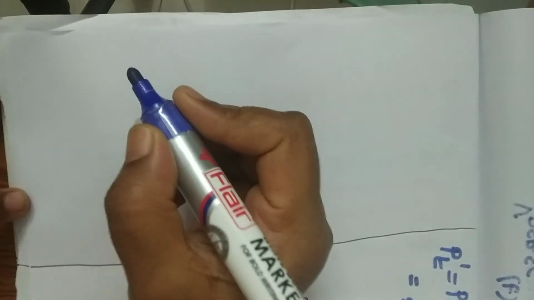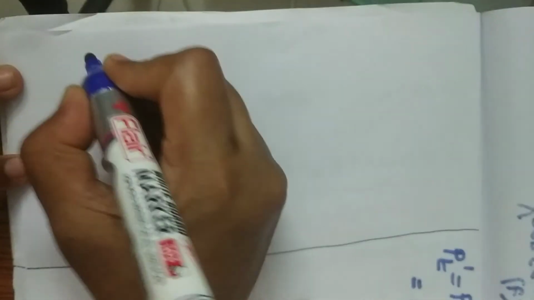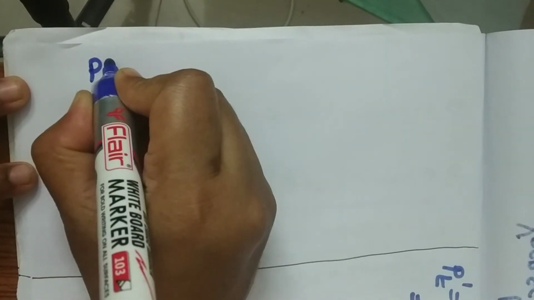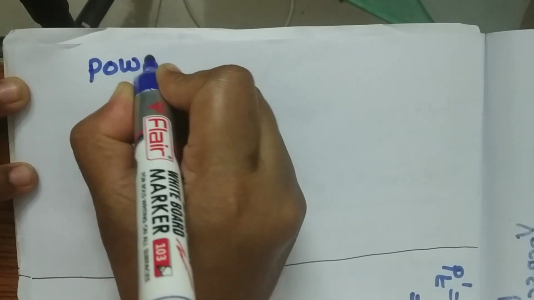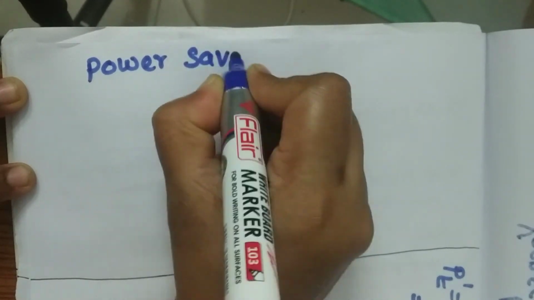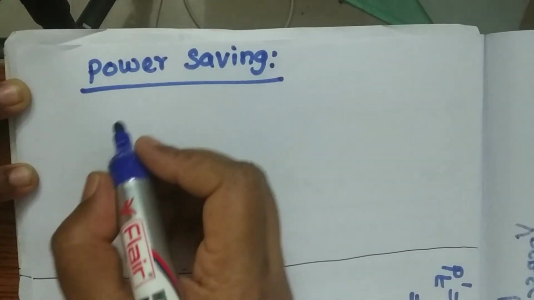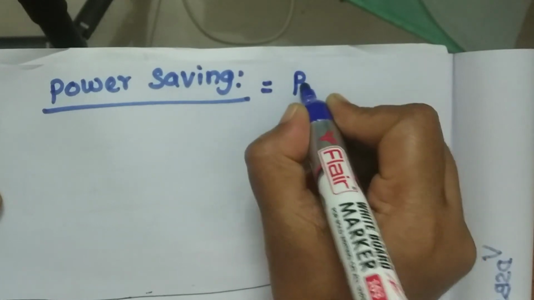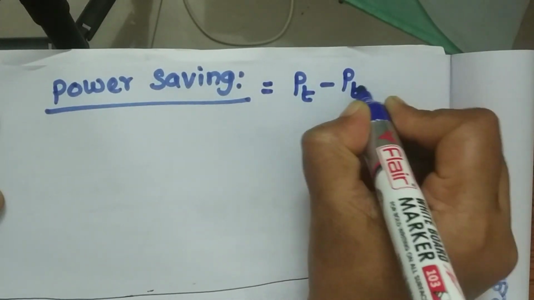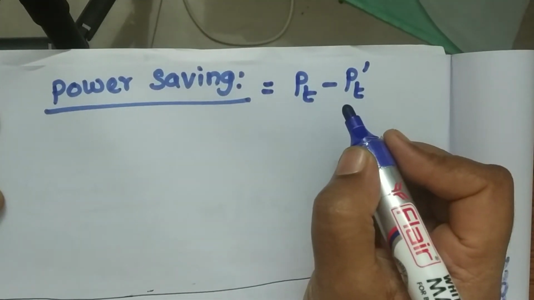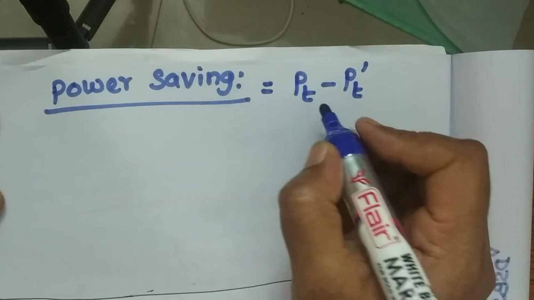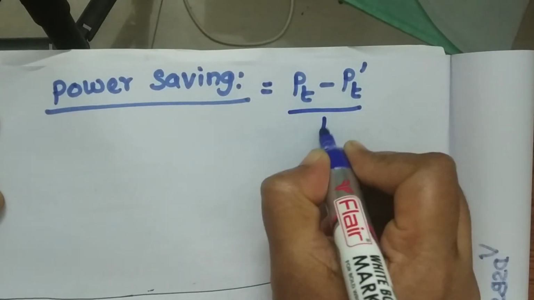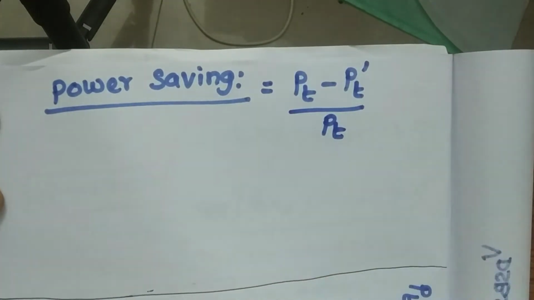Then we derive the power saving in double sideband suppressed carrier amplitude modulation. Power saving is equal to total power minus double sideband suppressed carrier amplitude modulated power, divided by the total power.